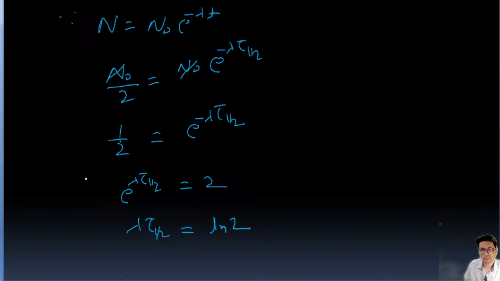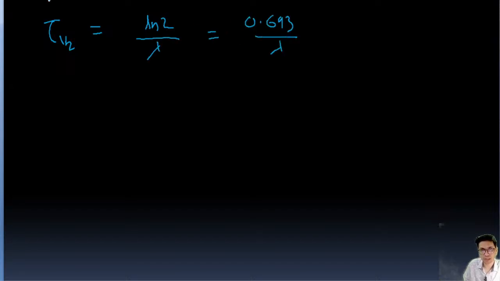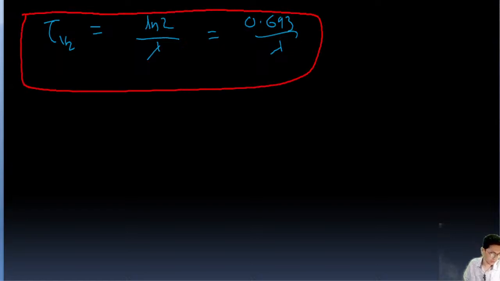So from here the tau half value is going to be ln2 upon lambda, right? Or we can write ln2 value is 0.693 upon lambda. This is the very important formula for half life of the radioactive substance. Okay, so tau half equal to 0.693 upon lambda.